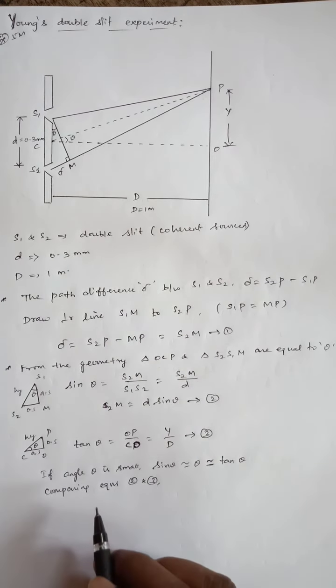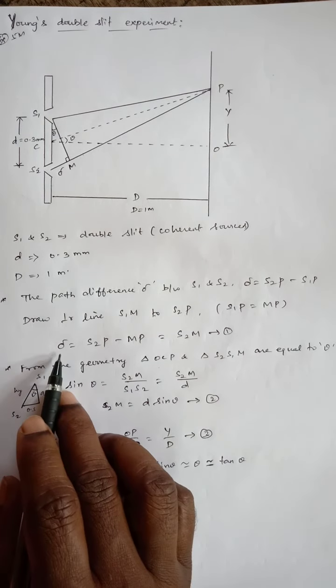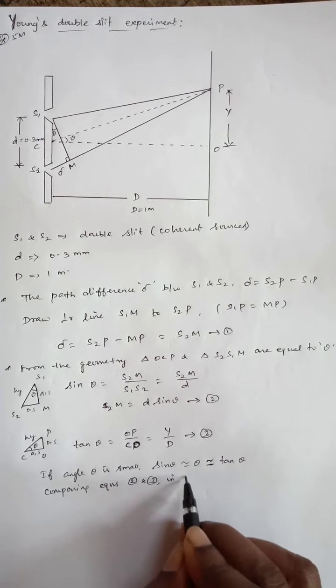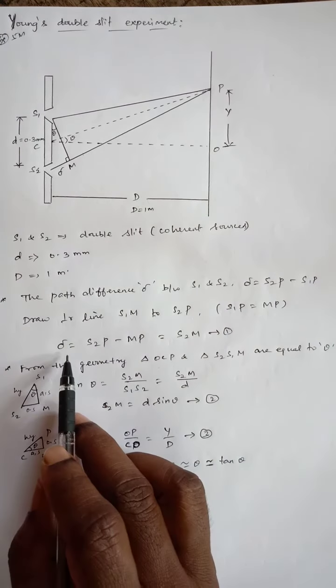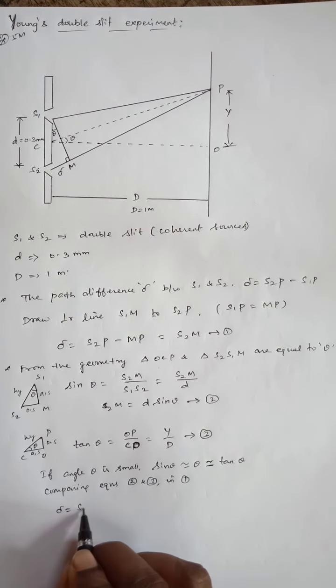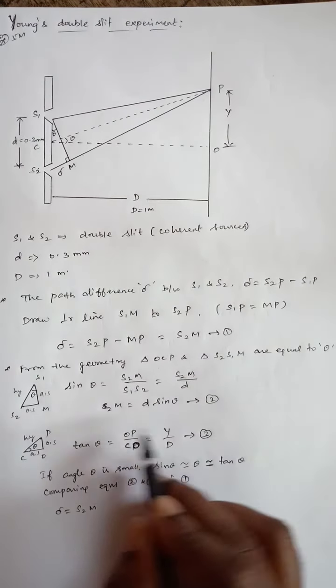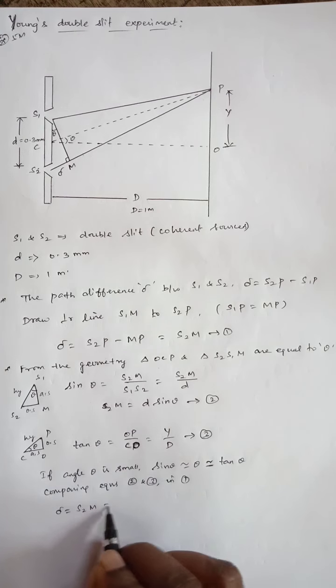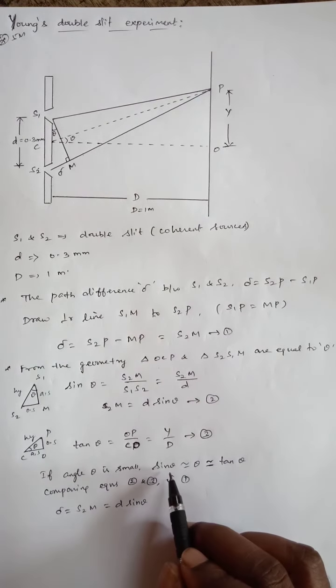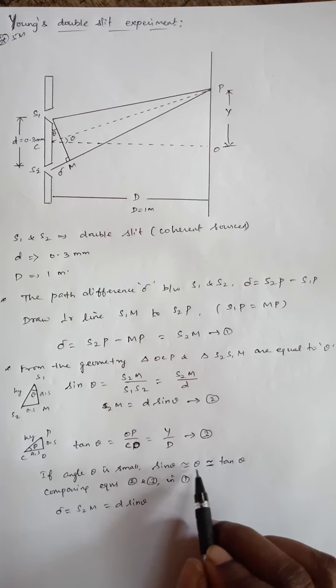So what is the delta? Delta equals S2M, because in the first equation we have the delta formula. The S2M value equals what? D sin theta. I will also write sin theta equal to theta equal to tan theta.